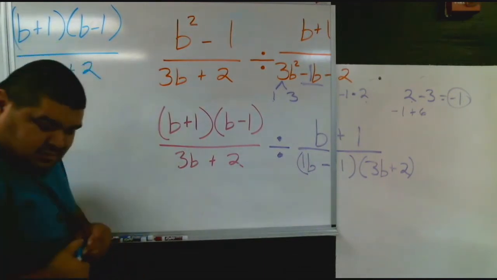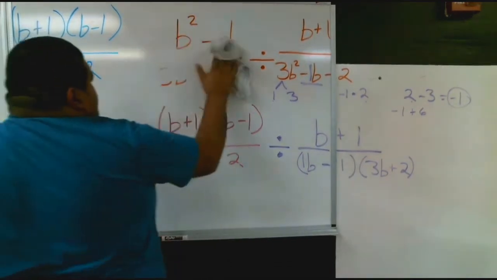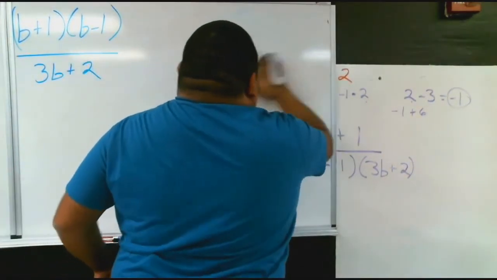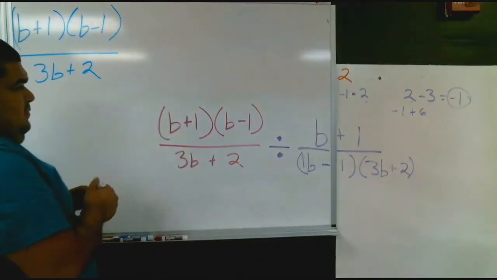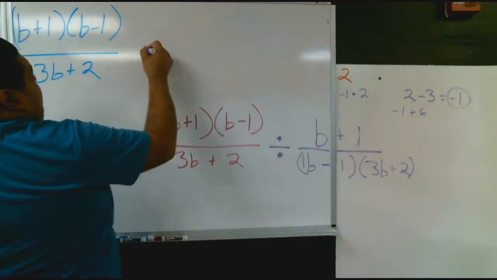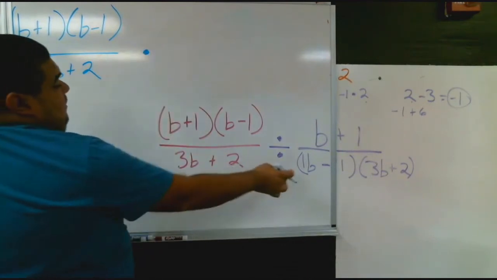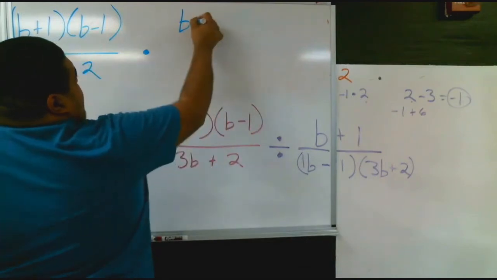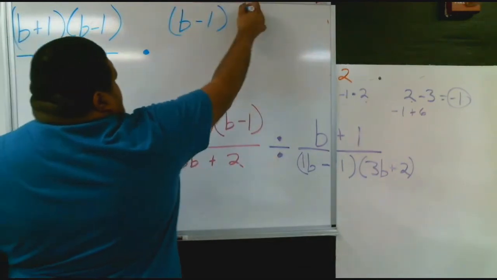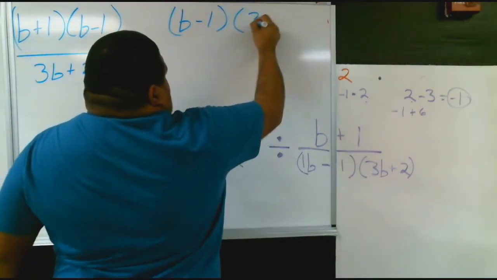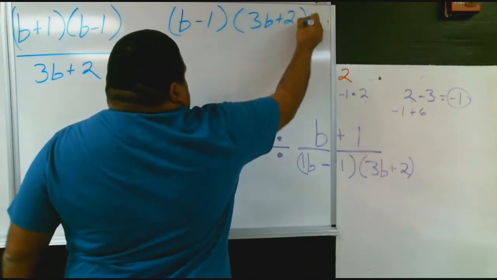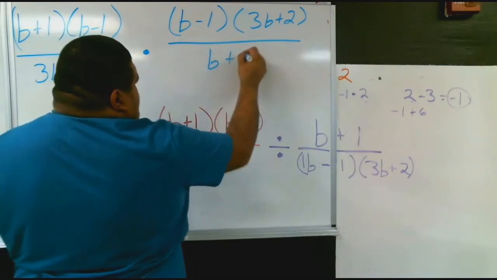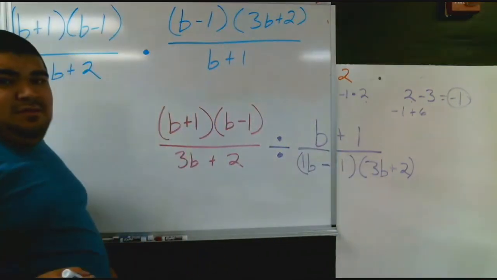And then on the other side, we have multiplication now, because remember, we're going to flip it, times, we have the bottom on top, which is b. We really don't need the 1, minus 1. And 3b plus 2 over b plus 1, which will stop, right?